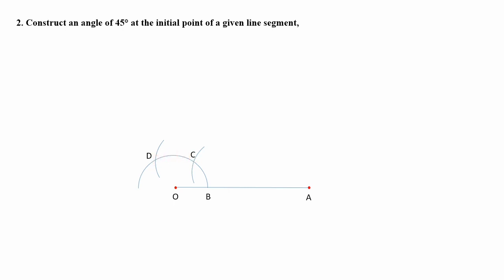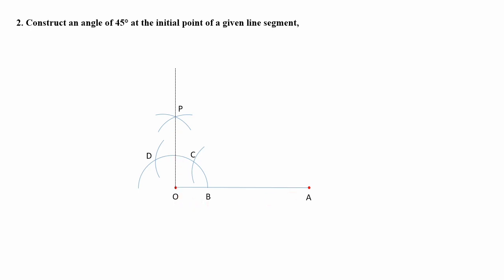For that, using the same radius, or you can change the radius, fix the compass at C, draw an arc. Fix the compass at D, cut the previous arc, mark the point as P, join OP.